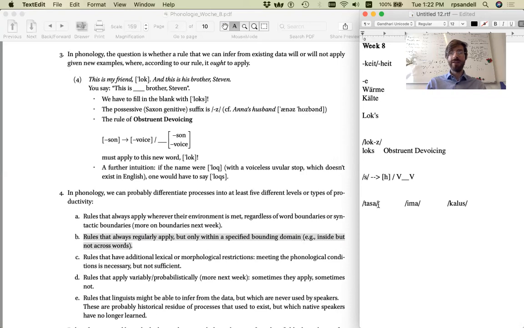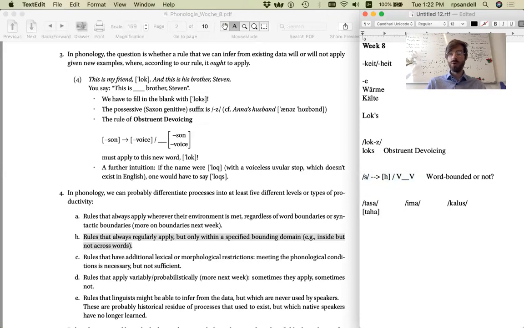Now, in saying whether this rule is word bounded or not, regardless, by this rule, we should expect to see its application inside this word tasa, and thereby generate taha.